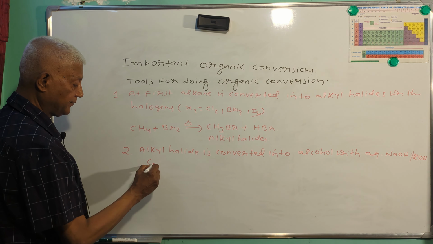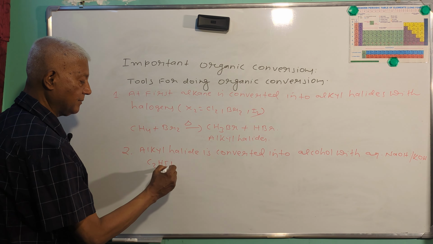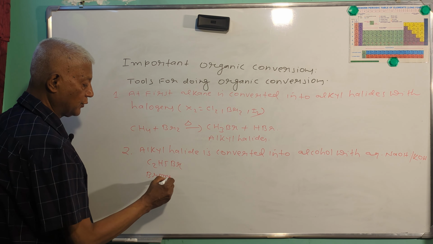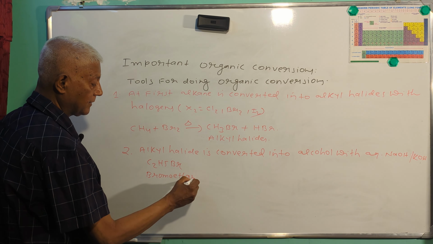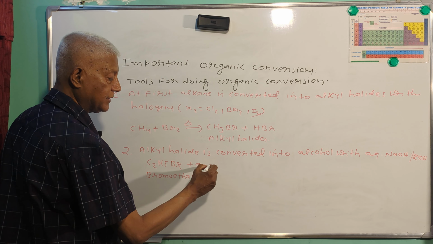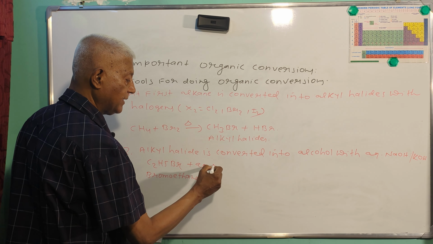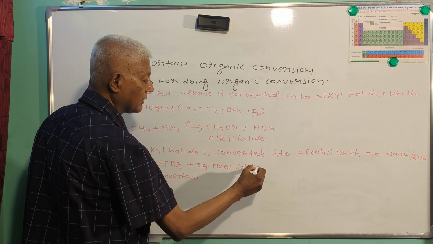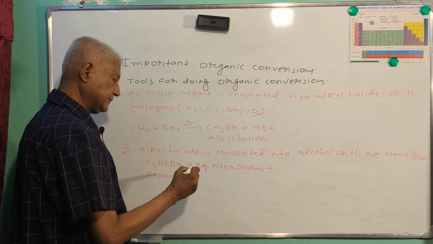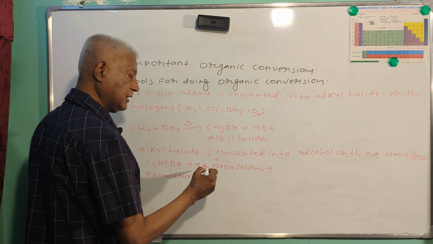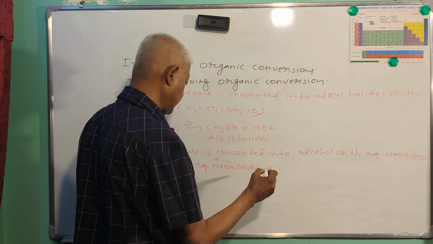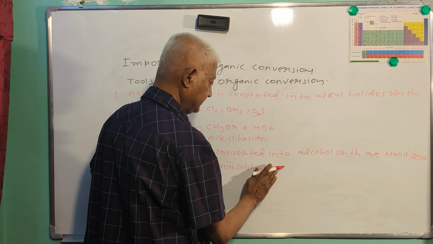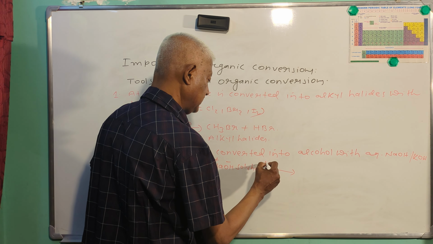Suppose C2H5Br, that is bromoethane, is treated with aqueous NaOH or KOH solution; we can use any. So what do we get? That is the nucleophile, that is the electrophile, you know. So Br is substituted by the nucleophile. So what type of reaction is it?